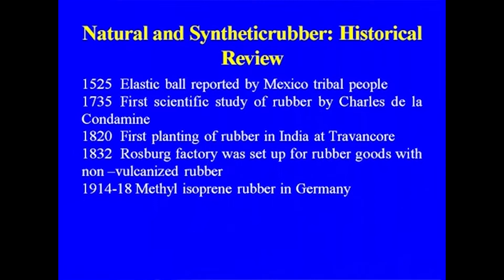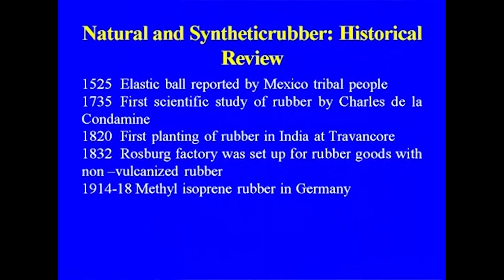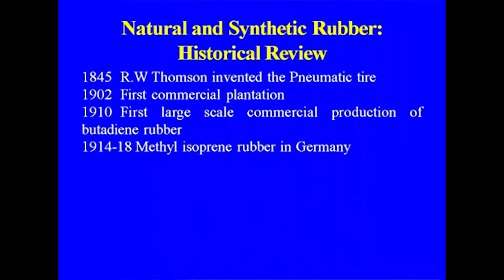In 1832 the Roxbury factory was set up for rubber goods with non-vulcanized rubber, because in the case of rubber we use vulcanization, as in the tire, where vulcanized rubber is used. In 1845 the pneumatic tire was introduced.